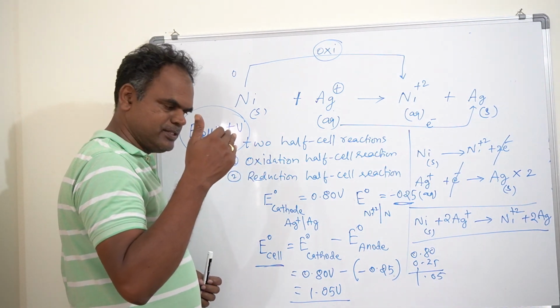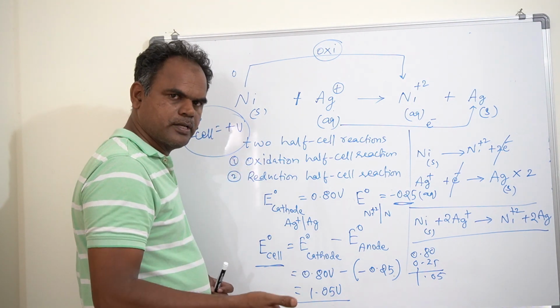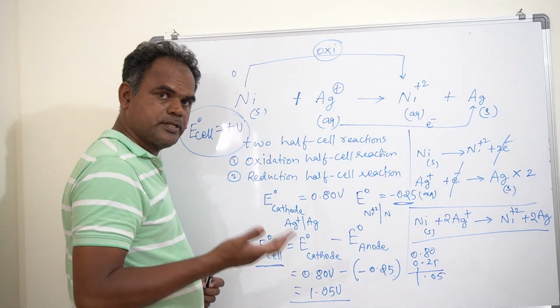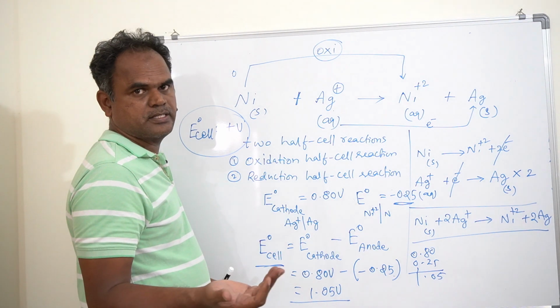If the standard cell potential is positive, the cell definitely can work. If it is negative, the cell doesn't work.